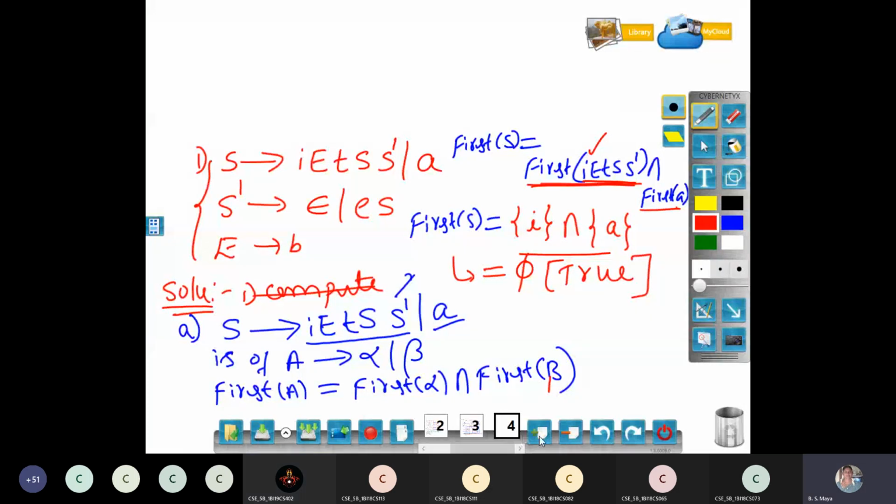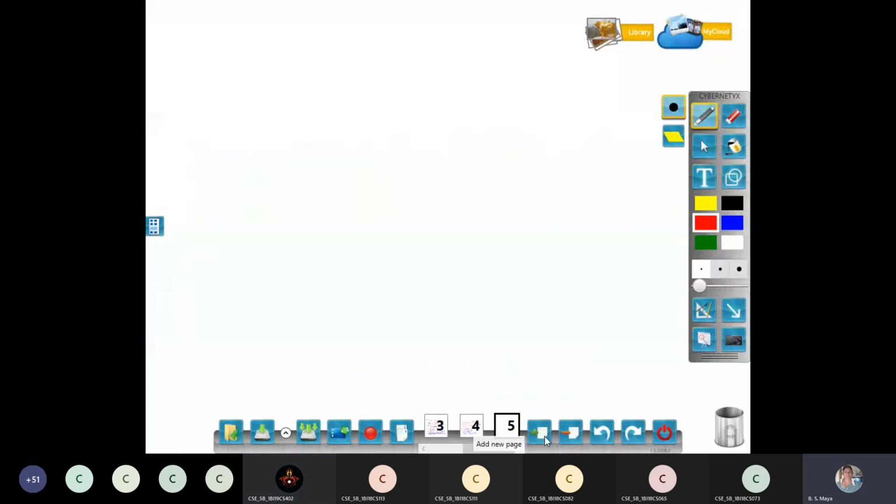The second production, as per the production, all of you write down. The second production is what? S dash derives epsilon. Which rule is this? The third rule. You have to remember like that. What is the third rule?